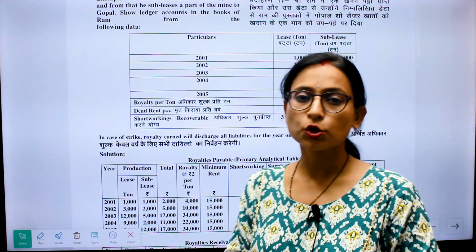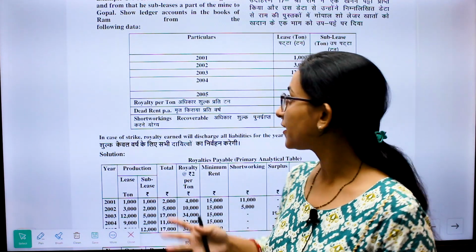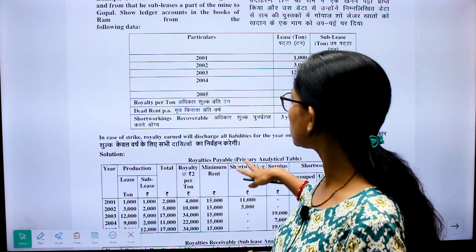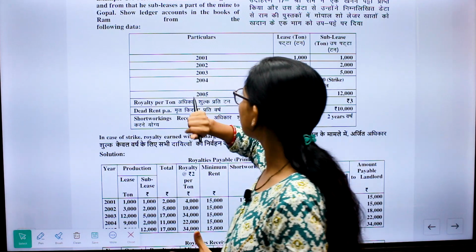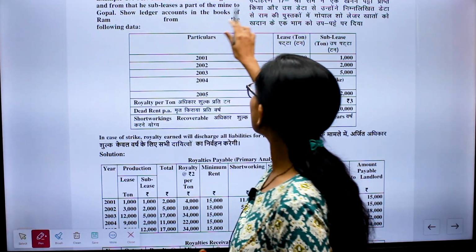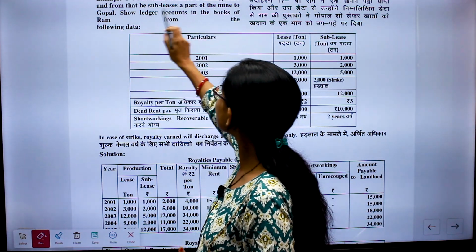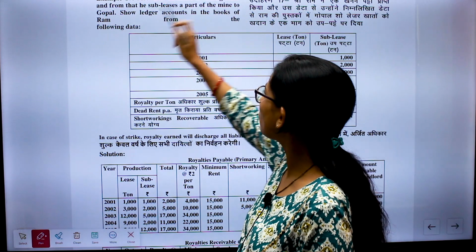So let's start with the numerical of sublease, which will be easy to understand if I explain with the help of a numerical. In this example, Mr. Ram obtained a mining lease, and from that he subleases a part of the mine to Gopal.